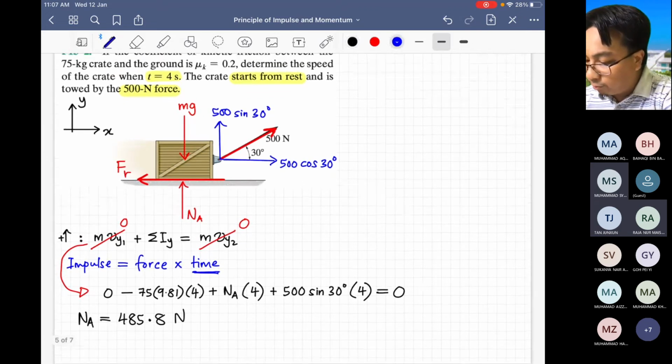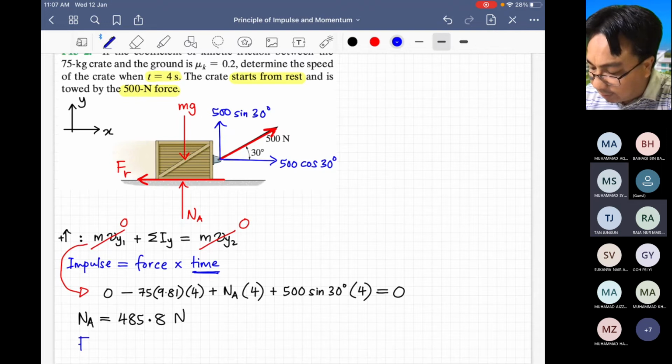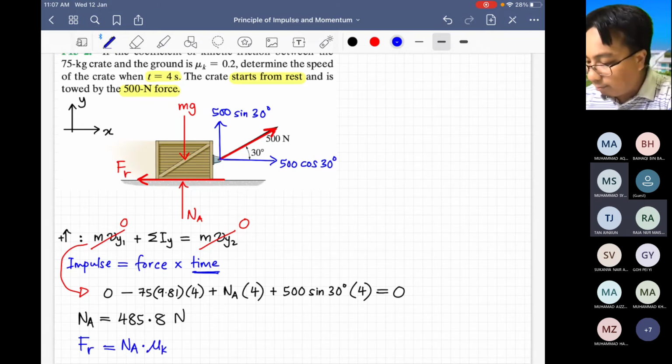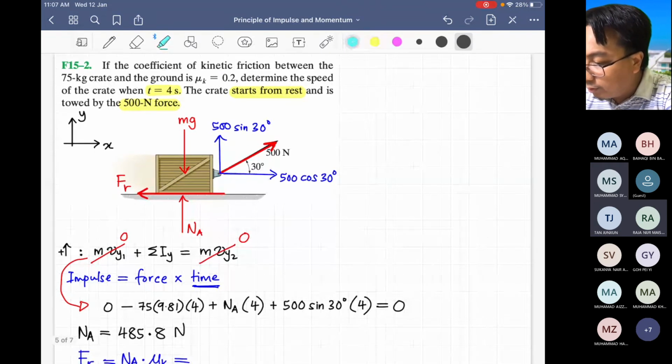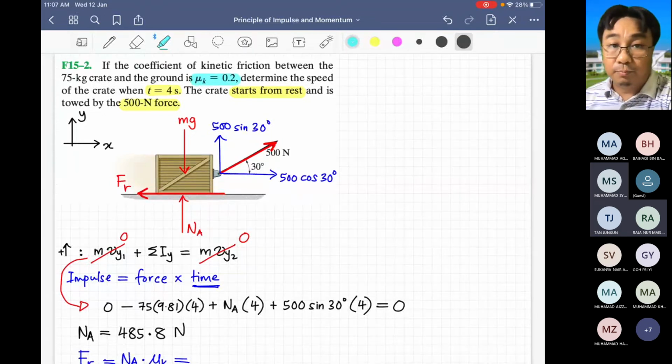So when you have the normal force, sekarang kita boleh calculate friction lah. So friction force is NA darab dengan mu K. Okay, darab dengan mu K. So 485.8 ini kita darabkan dengan mu K which is 0.2.